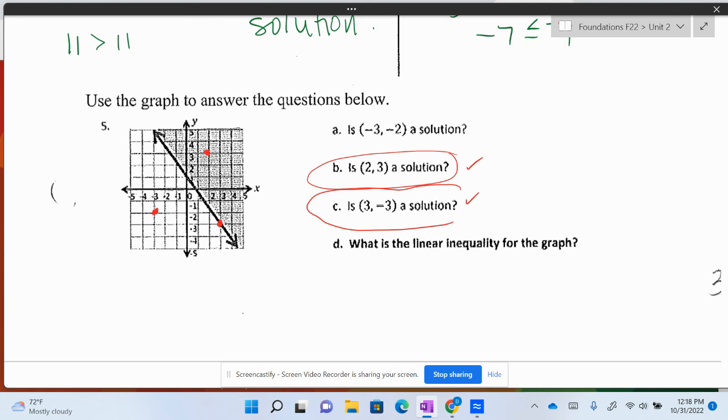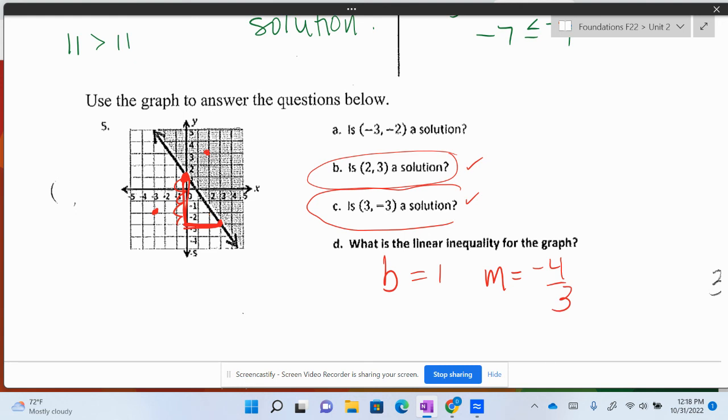It says write the linear inequality for this graph. Where do I cross the y-axis? At 1. What is my slope? It's -4/3.